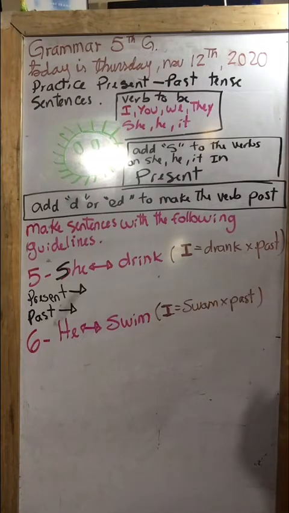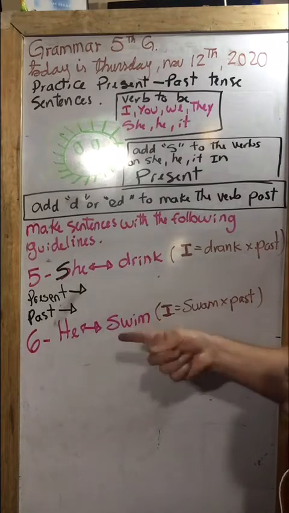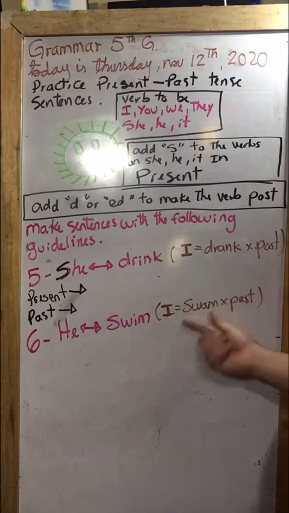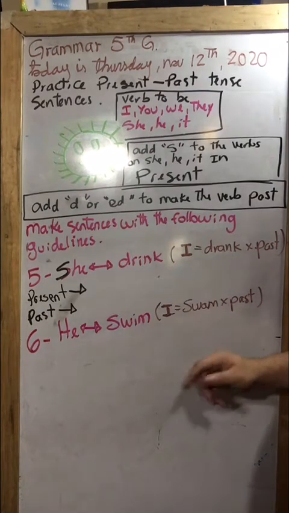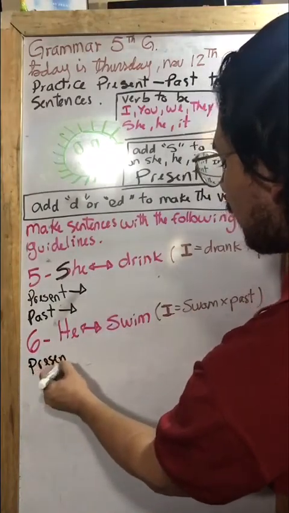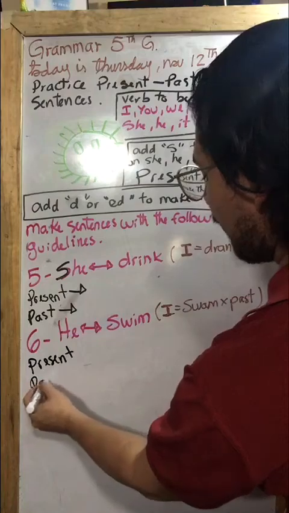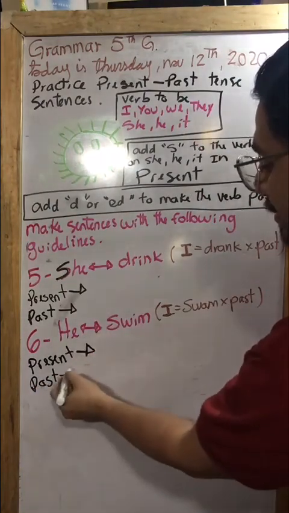So what I'm gonna do is, when I'm writing this in the past form, I'm not gonna write swim. I'm going to write swam. Swam is gonna be the past form. So what am I gonna do? Present, past, okay?